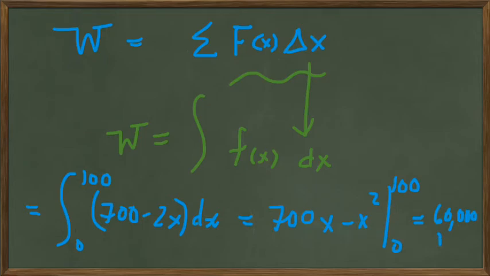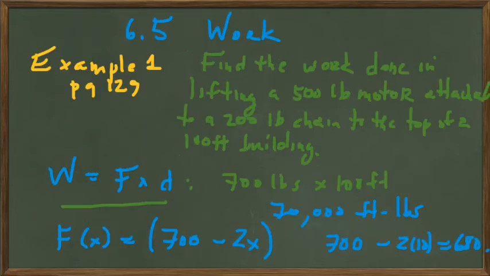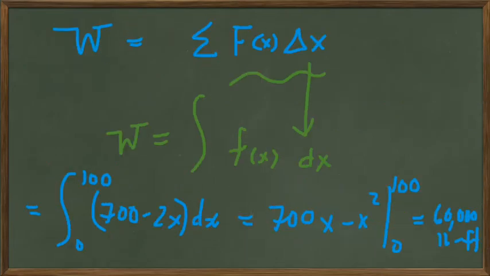And so we see that our initial estimate of 70,000 foot-pounds that we got back here was high, because we were assuming we were lifting the whole chain, and we weren't, and so this is the correct answer.